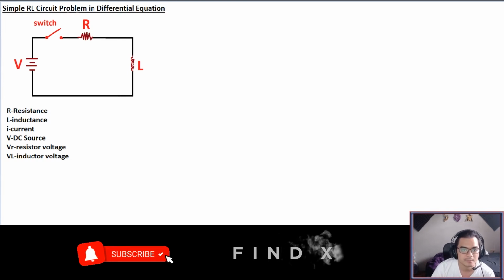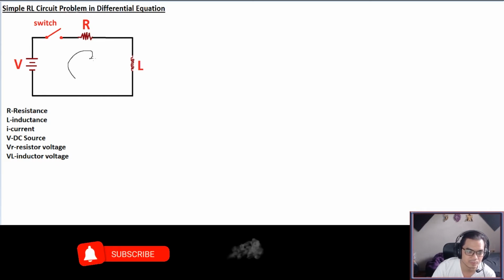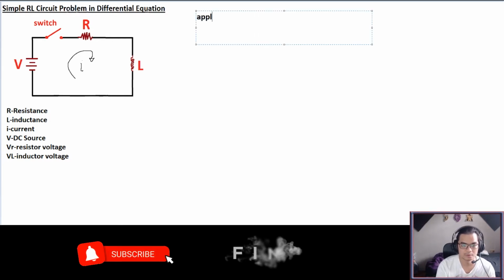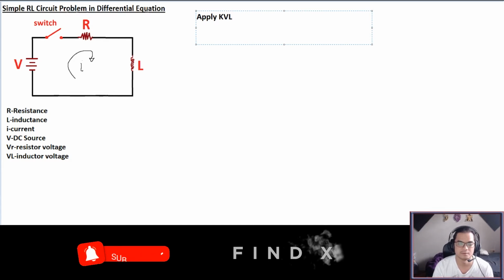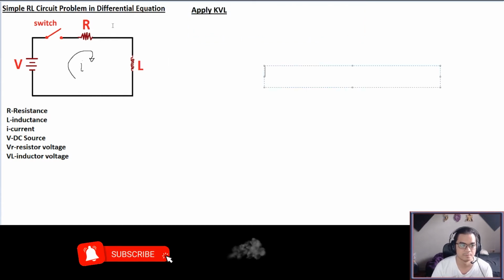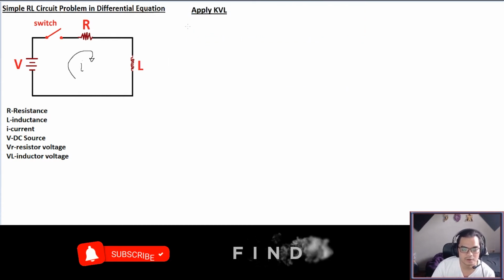Now let's apply KVL. Let's say that this will be our loop, with current I. Applying KVL, V must be equal to the voltage of the resistor plus the voltage of the inductor.